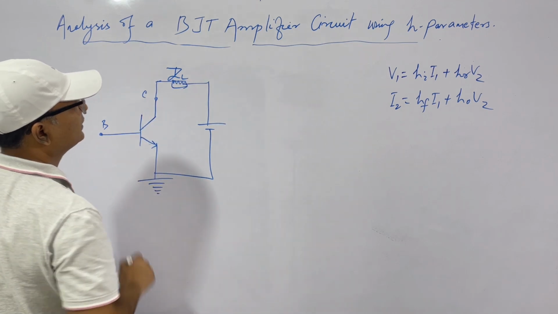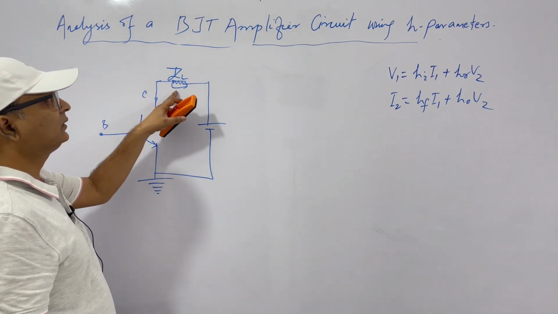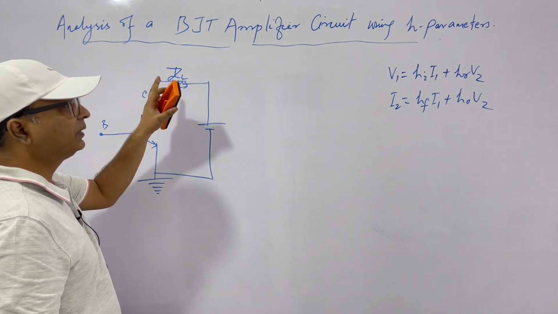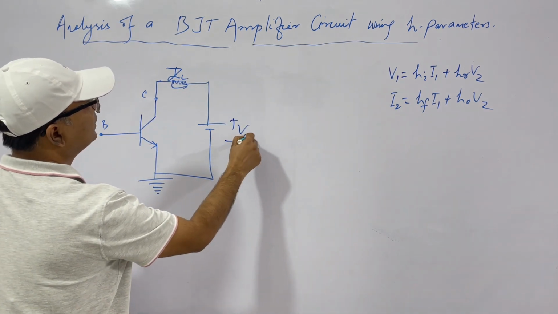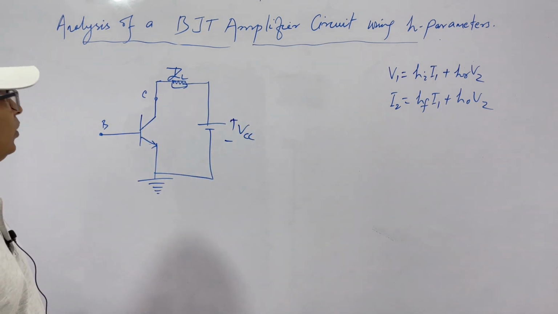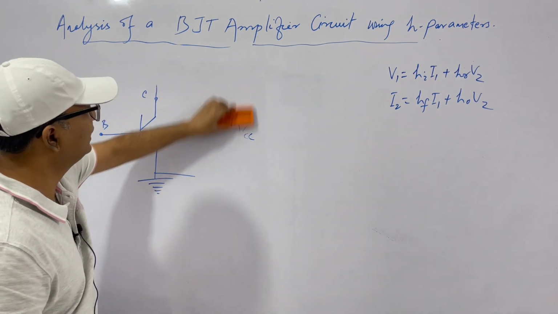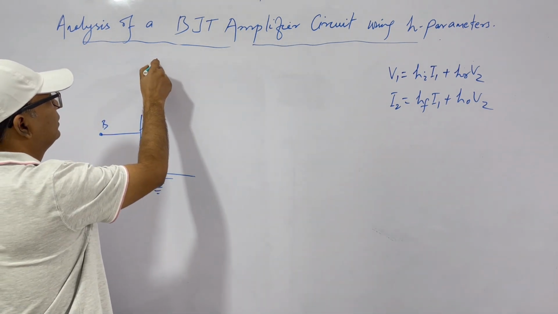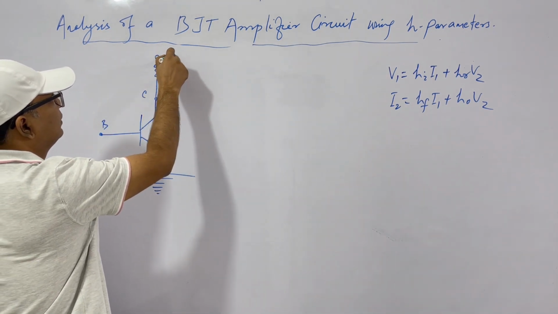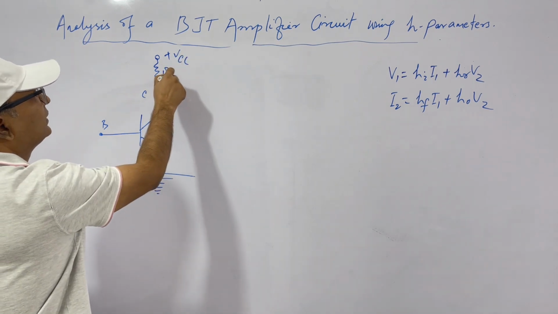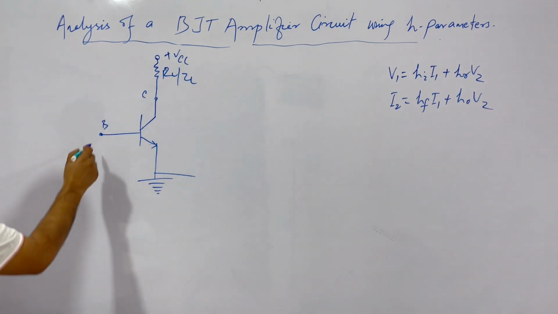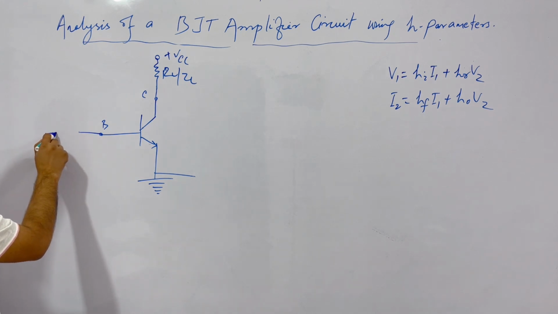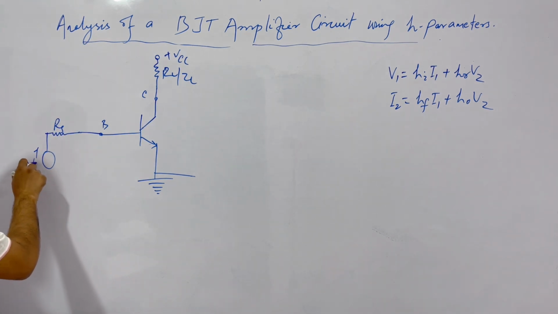Let this be admittance. So this is, let this be impedance. So this is ZL. This is how it is represented in the circuit form, or it can be represented as this. RL or ZL, whatever you write. So this is the representation, and in the input side we represent it like this. This is RS, this is VS.